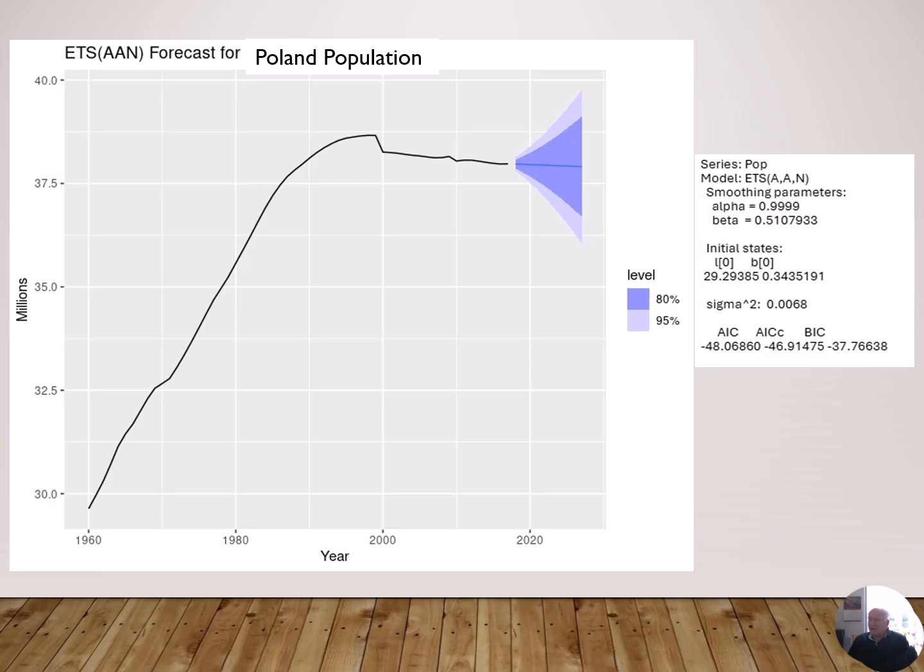And we see the initial condition, the level comes out to be about 29, and b naught was about 0.34. And here we end up with AIC about negative 48, and the corrected about negative 46, and the BIC about negative 37.